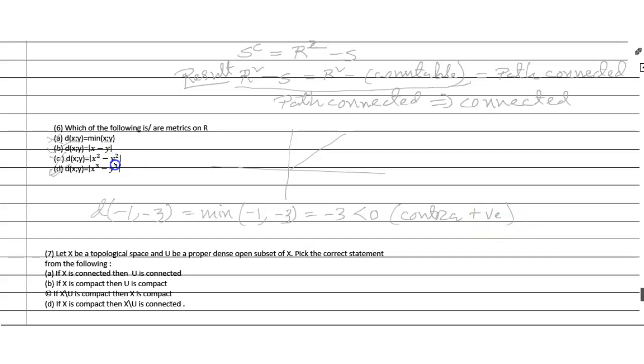Similarly, you can see that x square minus y square is also not possible, because d(minus 1, 1) equals 1 square minus 1 square equals 0, but minus 1 does not equal 1. So these two are not metrics. The metrics are only these two.